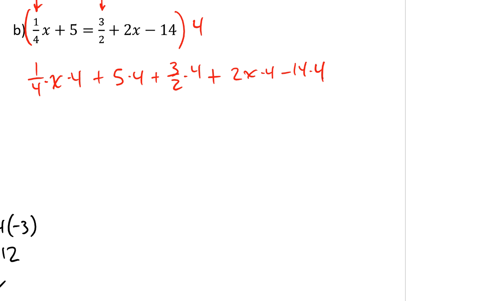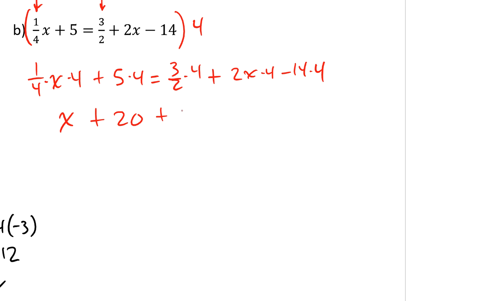So let's simplify that. That's awful looking. Well, first of all, 1/4 times 4 is 1, so this becomes just plain old x, and then this becomes a plus 20. On the other side, this is my equals, of course, big mistake.